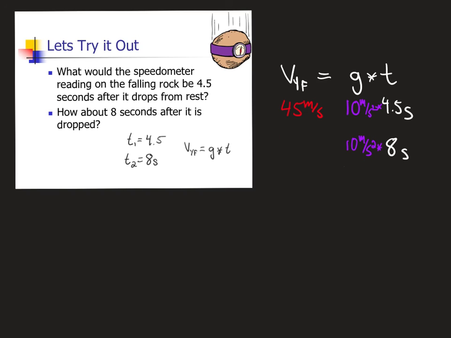And so we use the final velocity equal to gravity times time, which will give us 80 meters per second. So that is some quick and easy equations that we will use moving forward.